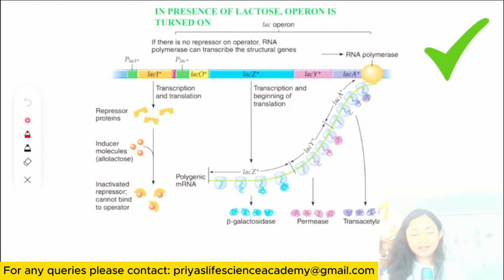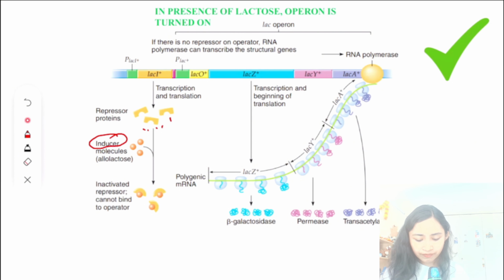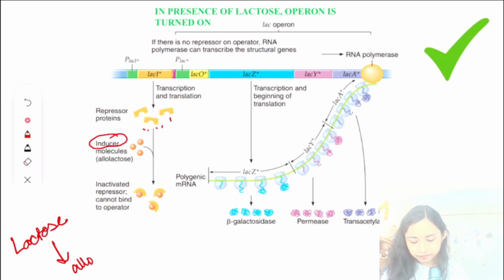Our inducer molecule is lactose, but lactose is converted into allolactose, which is a potent inducer, and it is converted by the Beta-Galactosidase enzyme.